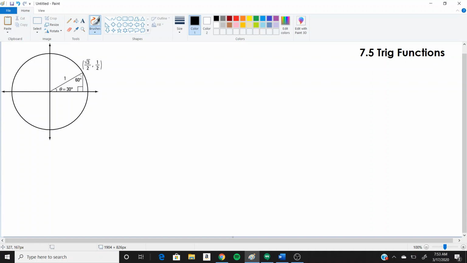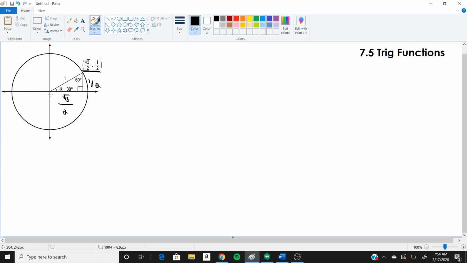And you'll remember that we got this point right here, root 3 over 2, 1 half, because the base of this 30, 60, 90 right triangle is going to be root 3 over 2, and this side of the triangle was 1 half. So this side here was root 3 over 2, and this side here was 1 half.